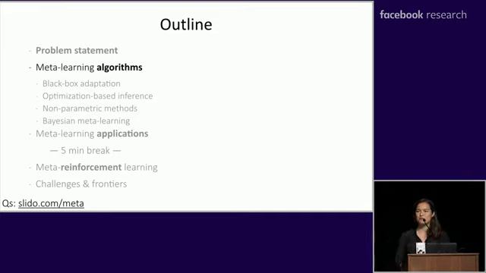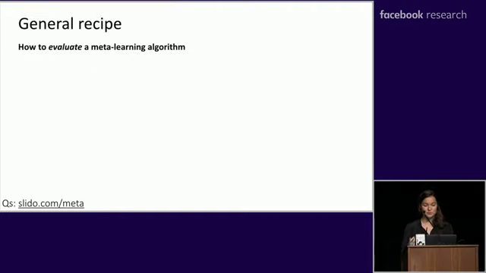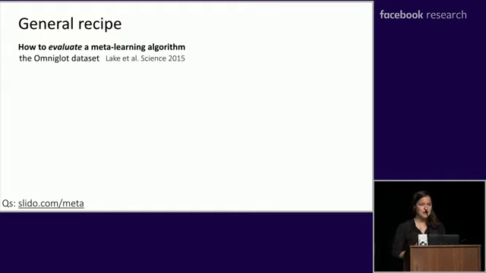Great. So before we start going about designing metalearning algorithms, we need to figure out how to actually evaluate a metalearning algorithm once we have one. It's worth mentioning that a lot of the modern metalearning advances and techniques were motivated by some work done by Brendan Lake in 2015.